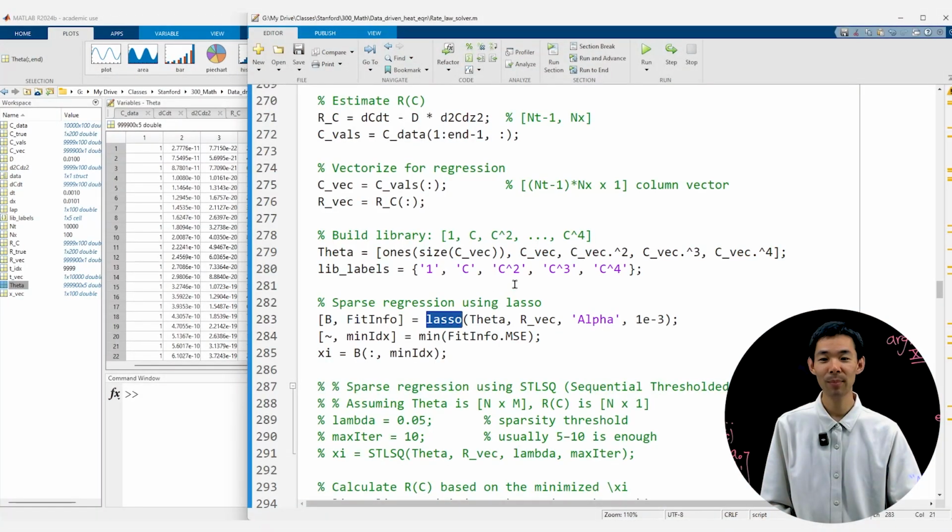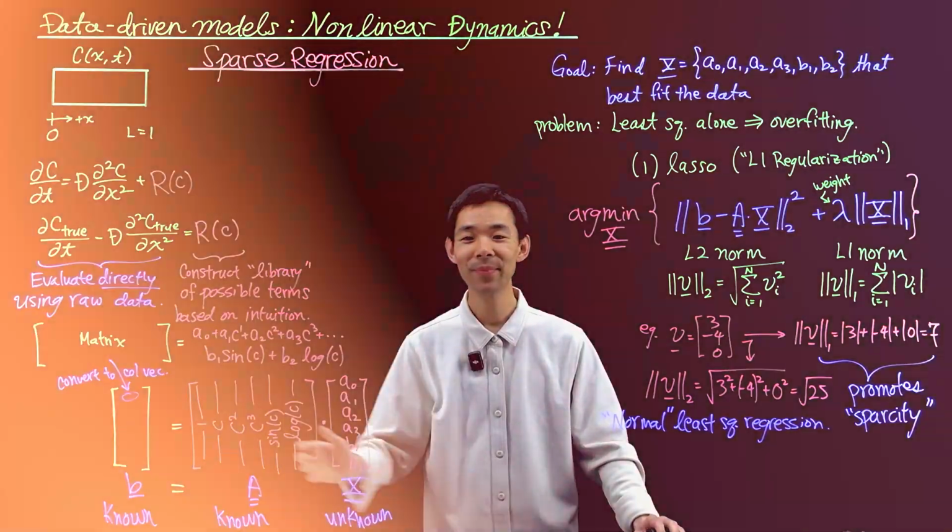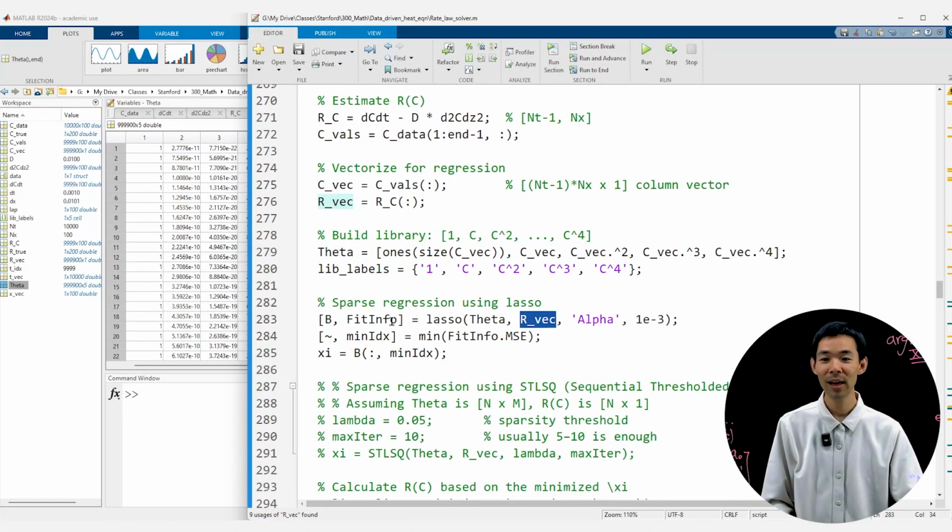So in MATLAB, there's a built-in function called lasso. So here we're putting in the gigantic A matrix, or I've defined here theta, and the entry of the left-hand side. So on the board, we call it B. This is what we're putting into here. And at the end of the day, we should find our coefficient vector x.